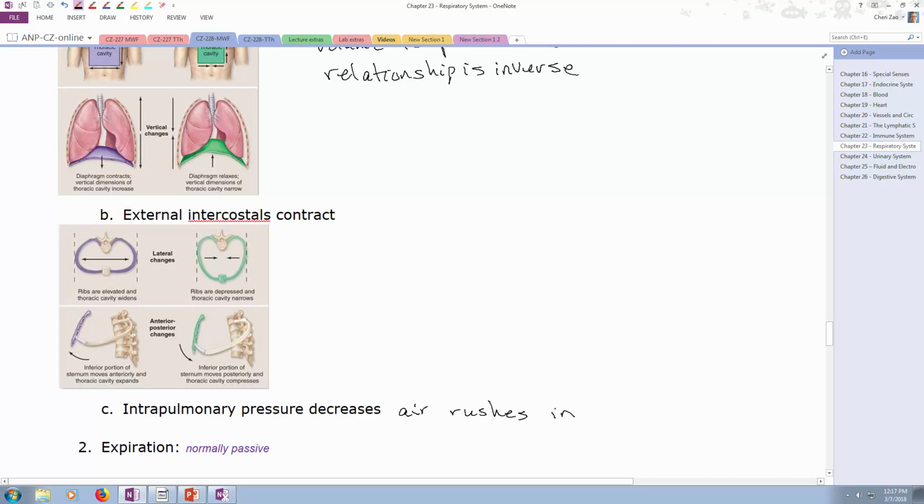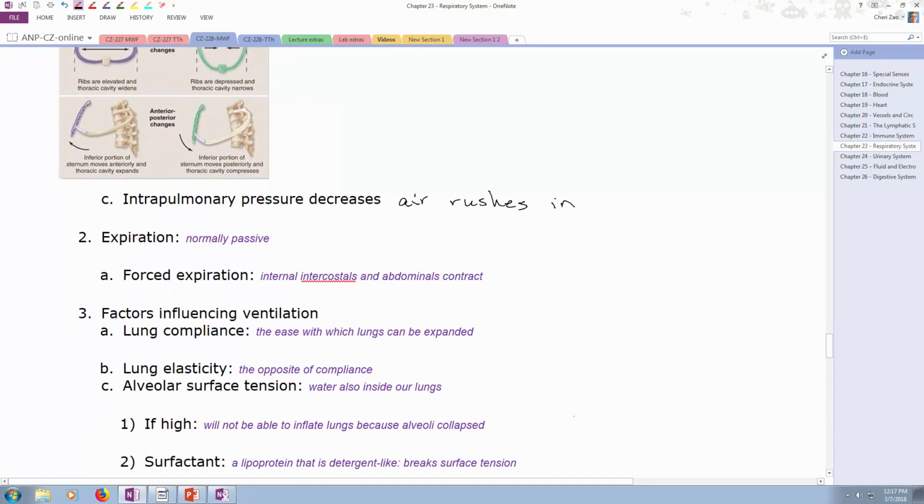You will hear me often say that we suck air in, and that's because it's a negative pressure. And suction to me is kind of a negative pressure phenomenon. So we suck air in and we passively push air out, because expiration actually is a passive process. We just relax the muscles and they slowly go into their relaxed position, which decreases our thoracic volume and therefore pushes air out.